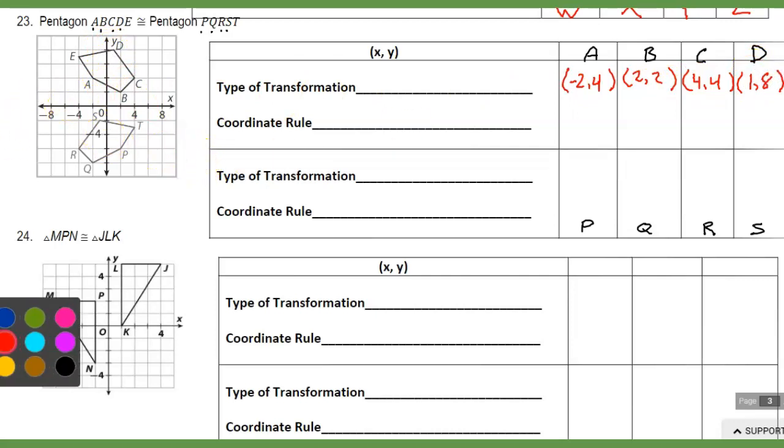All right, and where we want to end up is at P. So we're going to be at +2, -6. Q looks like -2, -2, 4, 6, 8. So -2, -8.